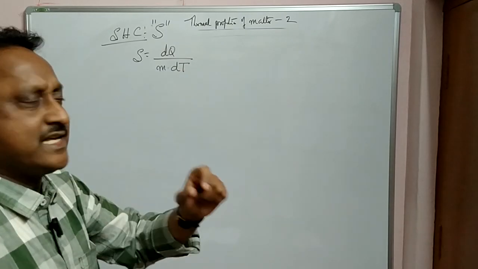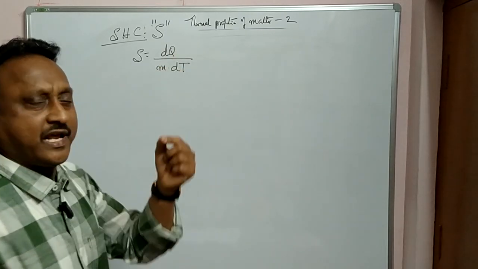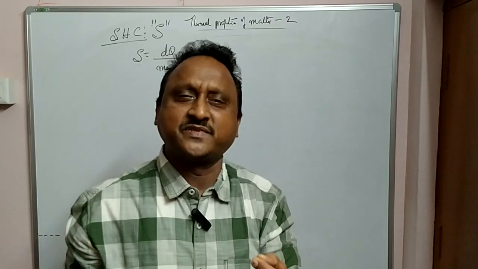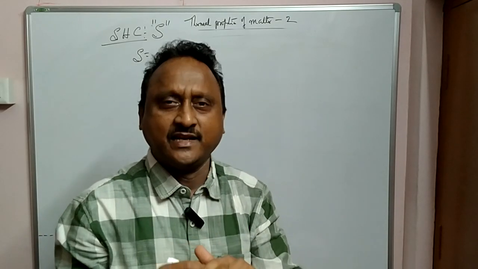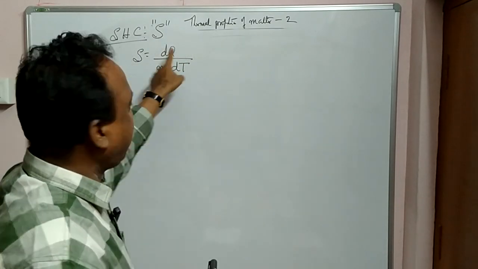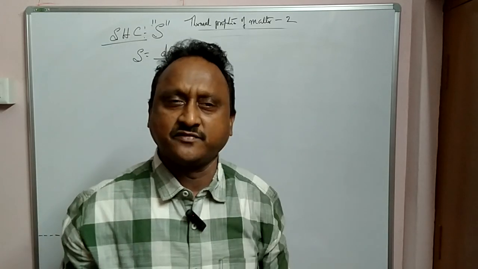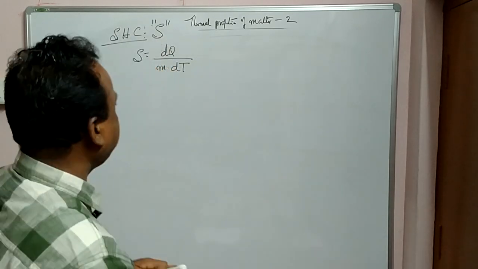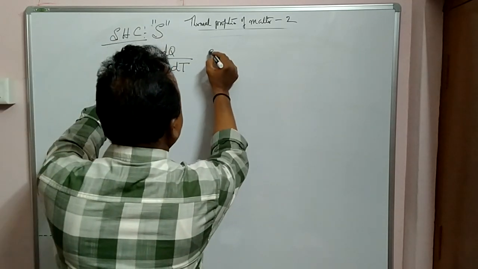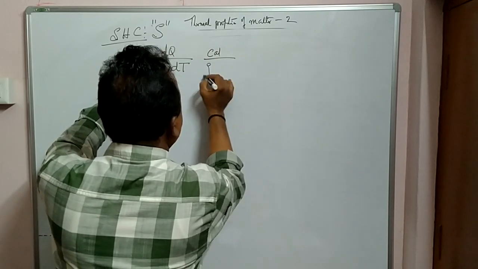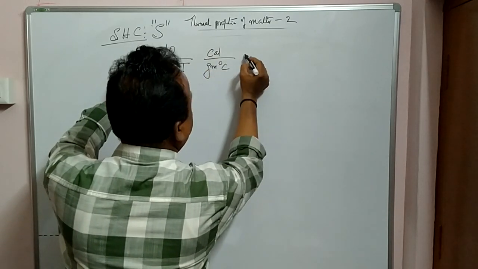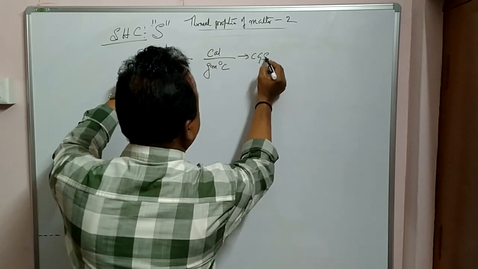And it is that quantity of heat required to raise a unit mass of substance by 1 degree centigrade. The units in CGS: calorie per gram degree centigrade. You can call this one as CGS.